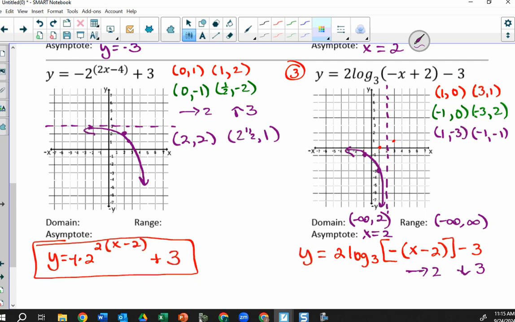I know we're running out of time. Where'd I get what? So this 2 doesn't mean multiply the x values by 2. It means multiply them by 1/2. So 1 times 1/2, that's where I got the half. Because the negative outcomes.